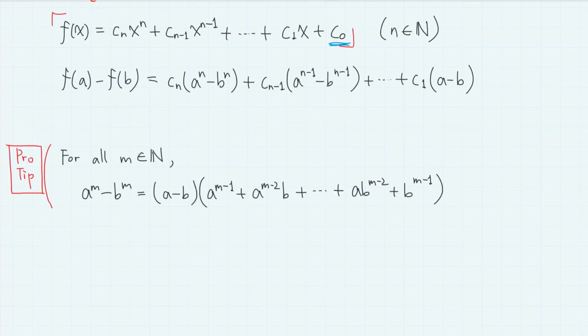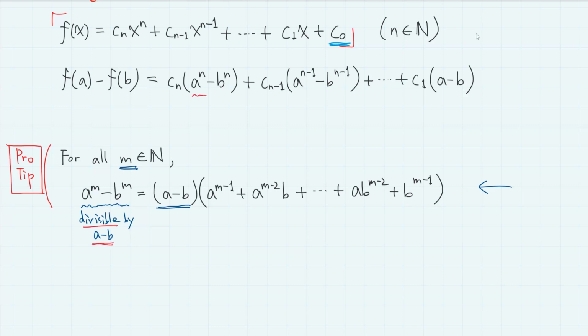But we know that for an arbitrary natural number m, we have the following factorization formula of a to the power of m minus b to the power of m, where a minus b is always a factor. That is, a to the power of m minus b to the power of m is divisible by a minus b.